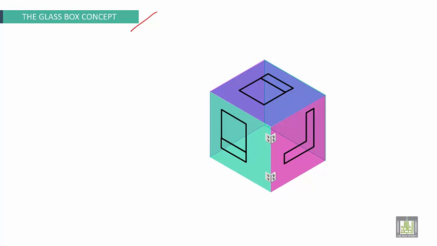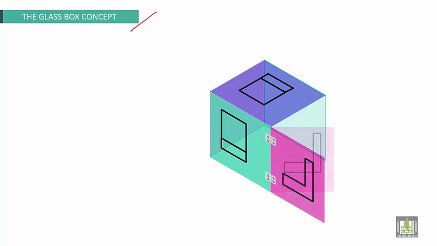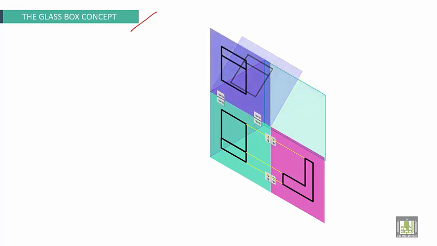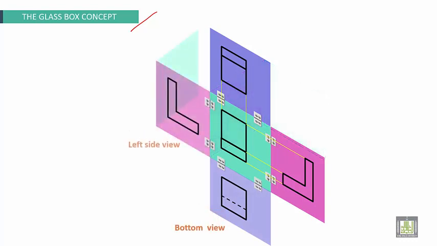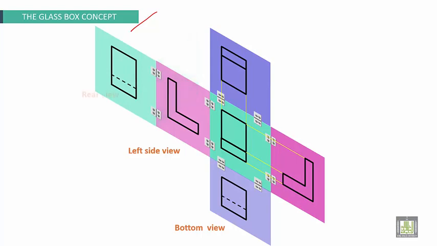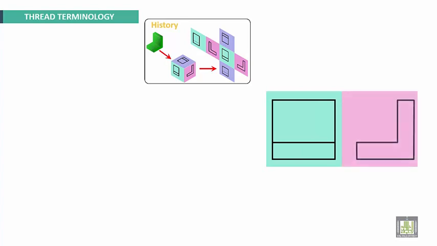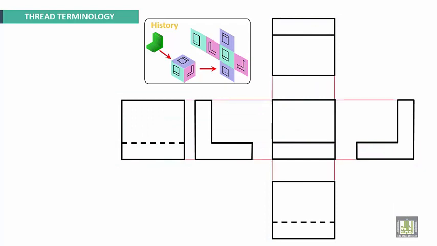If this glass box is opened like that, to make all views in the same plane, all views are represented in the same plane like that. Here we have all views.